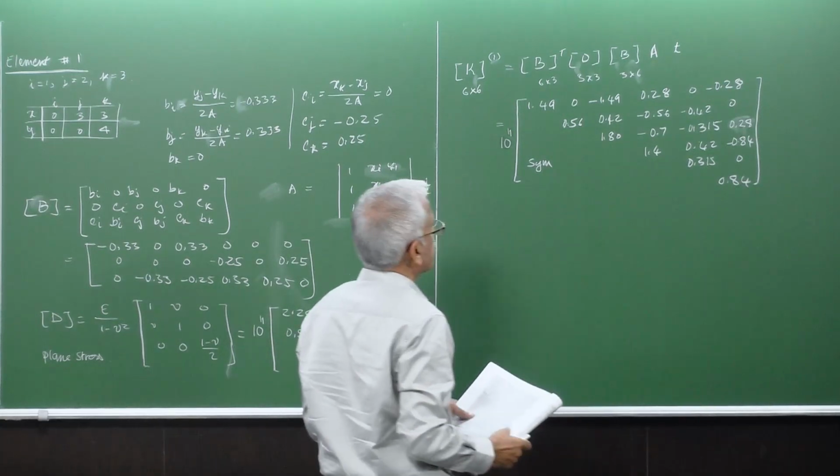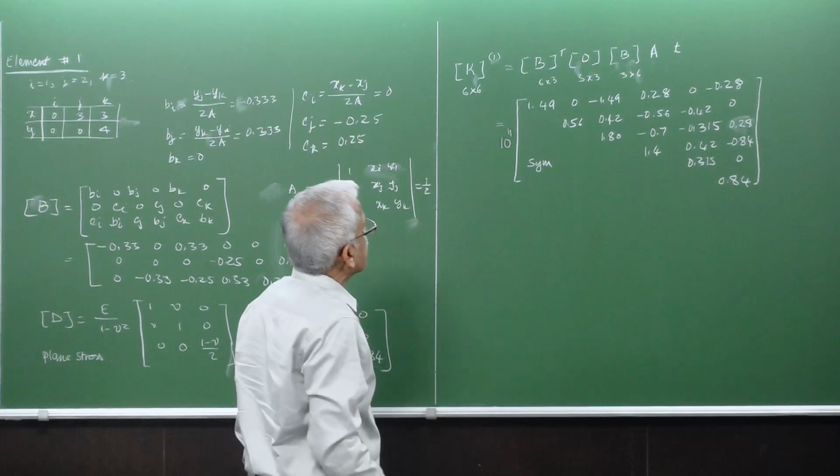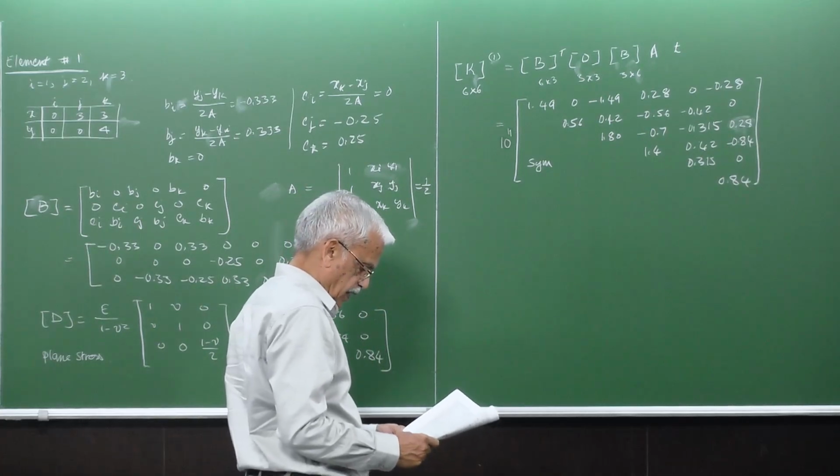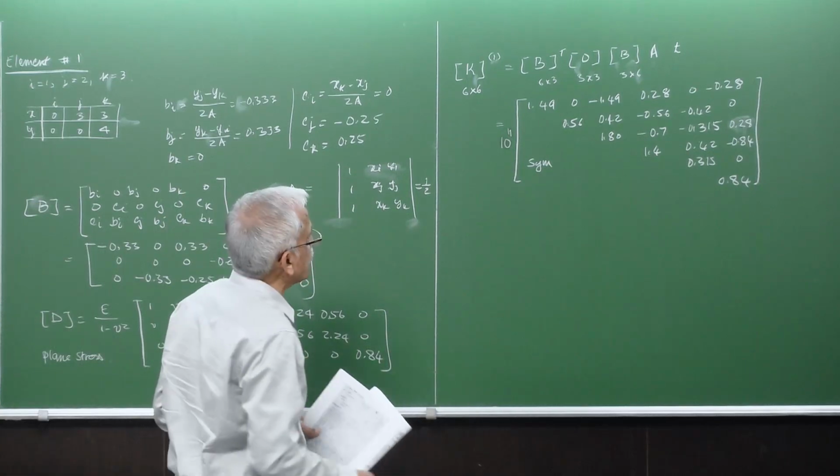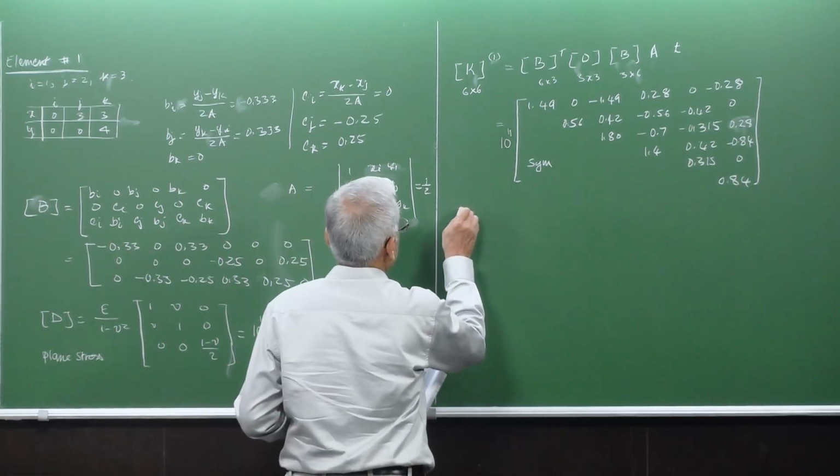Okay, so this is the K matrix, right? And so similarly, we can also do it for element 2.